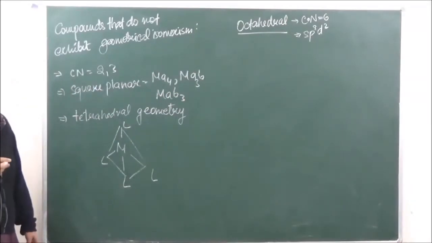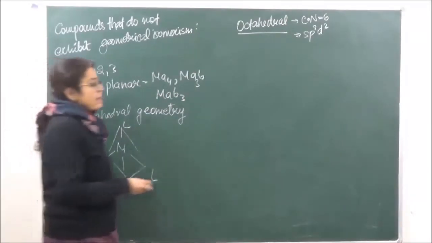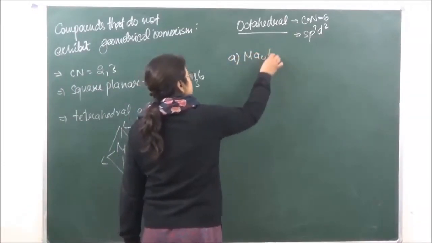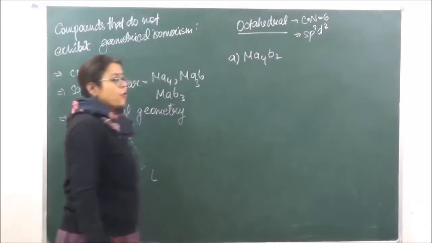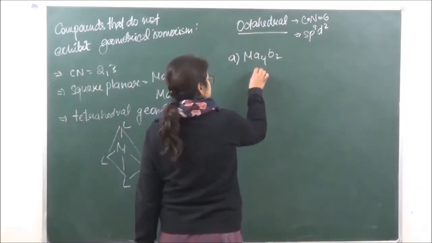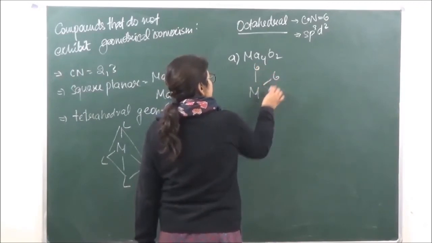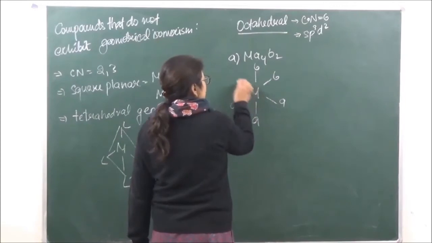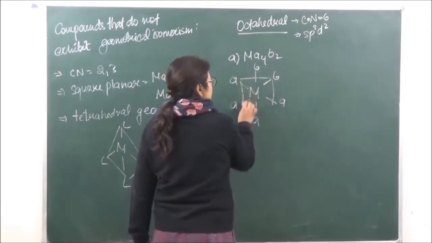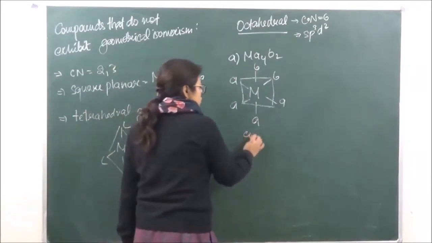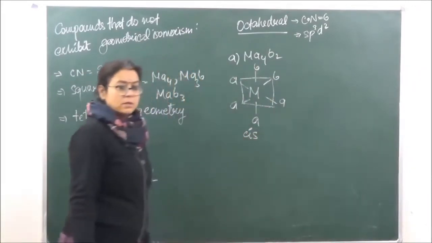So we go on to complexes of the type Ma4b2. Over here, if the positions of B are adjacent to each other, so you can see that B is adjacent to each other. Therefore, this is known as the cis form, right?